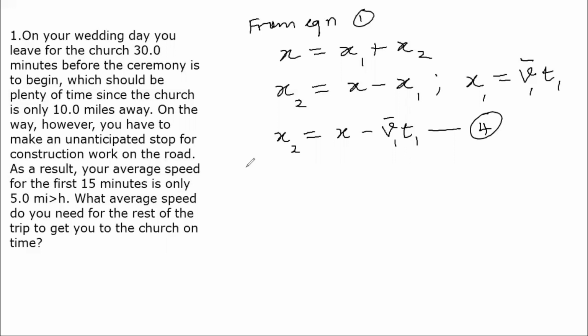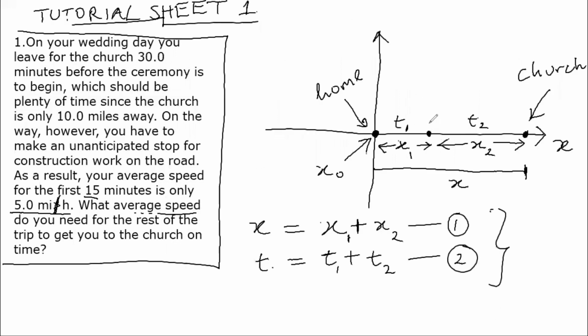Okay, so now again, I'm now considering the second part of the motion from here up to here. I want to find what then is the average velocity. This is what the question is asking for.